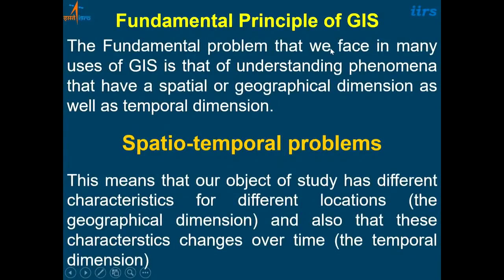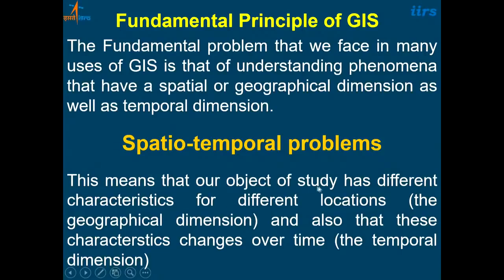Now, what are the fundamental principles of GIS? The fundamental problem that we face in many uses of GIS is understanding phenomena that have a spatial or geographical dimension as well as a temporal dimension. So these two concepts, spatio-temporal problem, are covered under the basic fundamental principle of GIS.